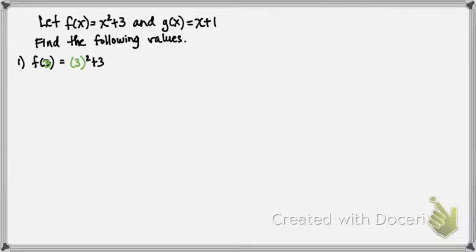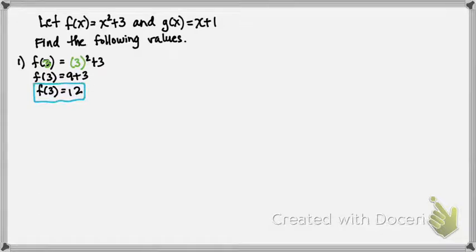Excuse me. Ooh, that was a weird tickle. So we get f at 3 is equal to 9 plus 3, which equals 12. So that is our output, 12, when our input is 3.